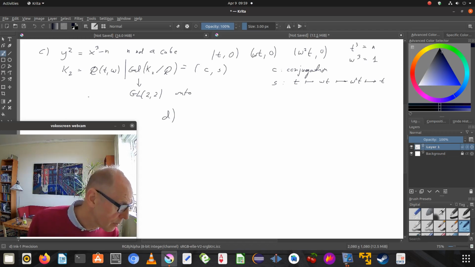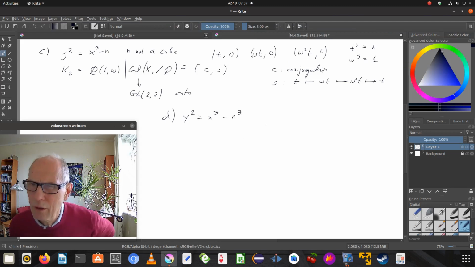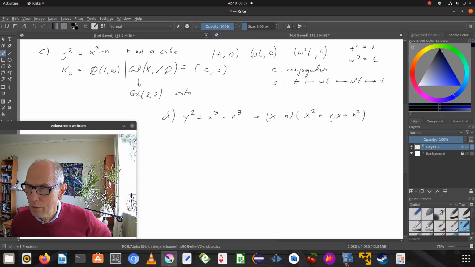And the last one, this should be it. It's a symmetric, a homogeneous polynomial, so it must be the product of two homogeneous polynomials.